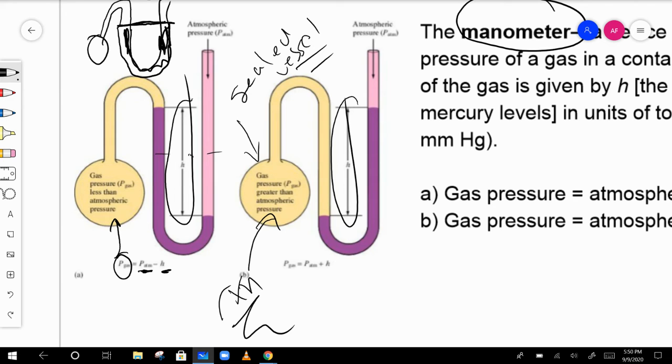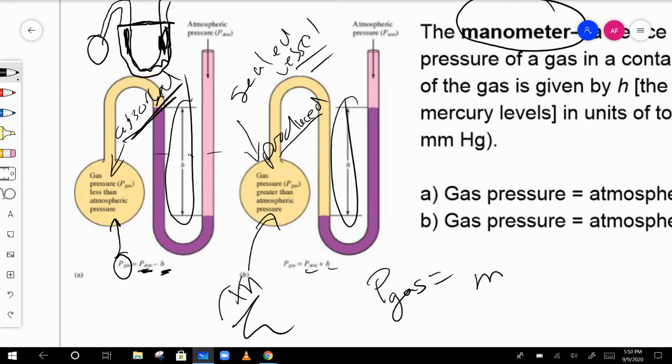And then as the reaction occurs, either the reaction takes in gas, so gas is absorbed, or it's produced. We can tell the pressure by taking the atmospheric pressure and adding the h, or pressure minus the h. Once we know the pressure of the gas, we can eventually find out the moles of gas.